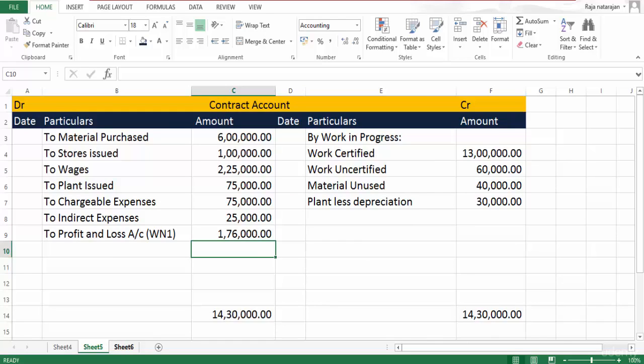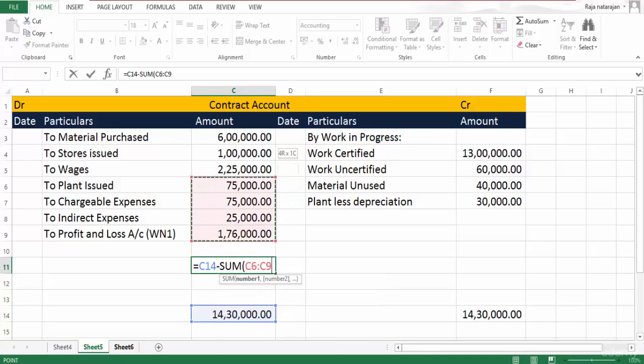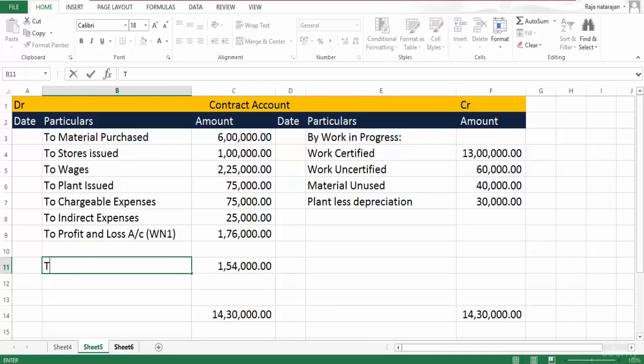So what is that? Let me calculate. 14,30,000 minus the sum of these items, and we get 1,54,000. So this will say to work in progress, it's basically balance of profit carried on.